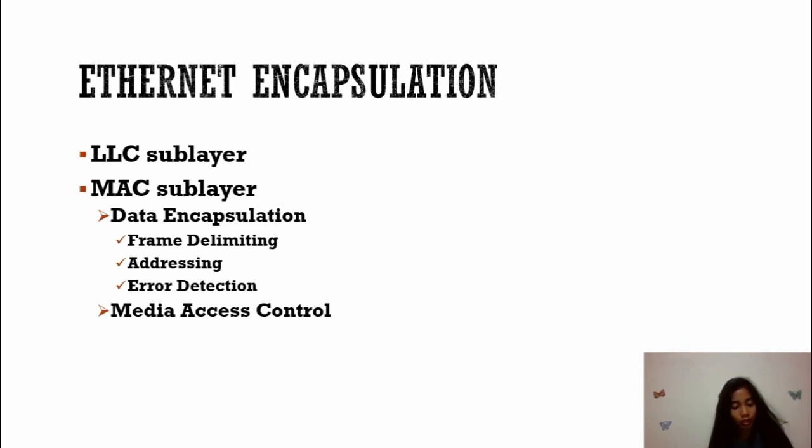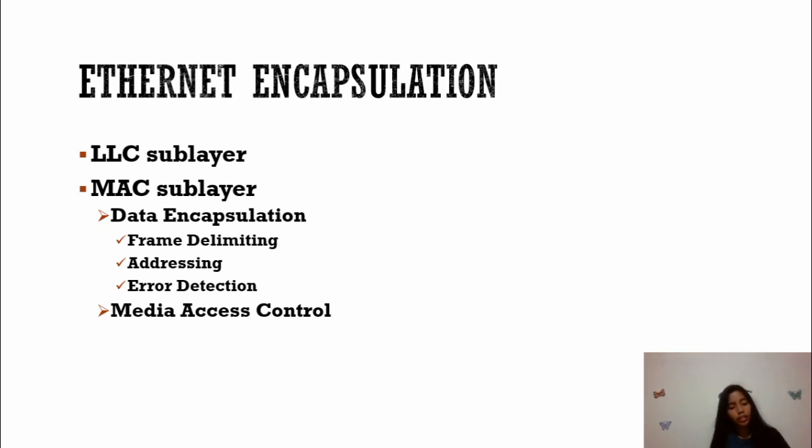Those delimiting bits provide synchronization between transmitting and receiving nodes. For addressing, the encapsulation process on the layer 3 PDU also provides data link layer addressing. And for the error detection, each frame contains a trailer used to detect any errors in transmission.